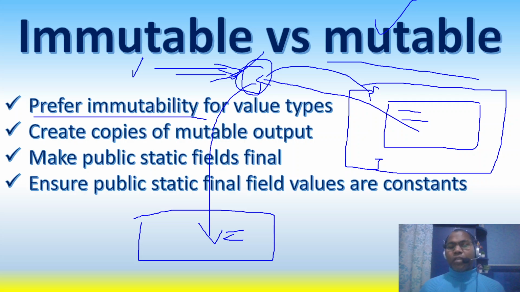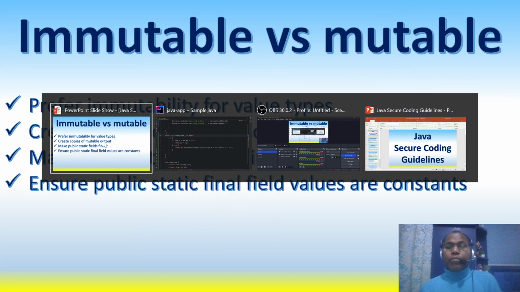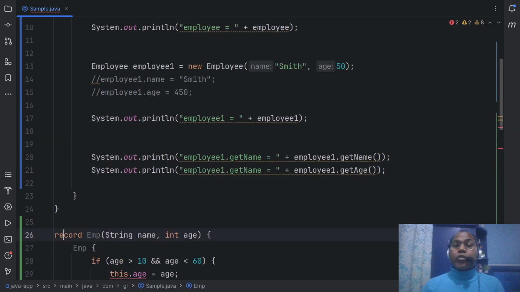Sometimes you do some mutation here, and sometimes I want to return this object so it can be used across multiple method calls. You have an option: your mutable object can easily be converted to immutable. Let's see an example. I want to create a list.